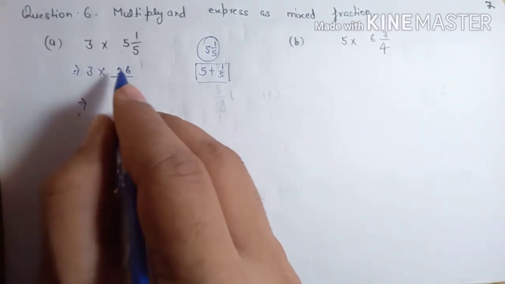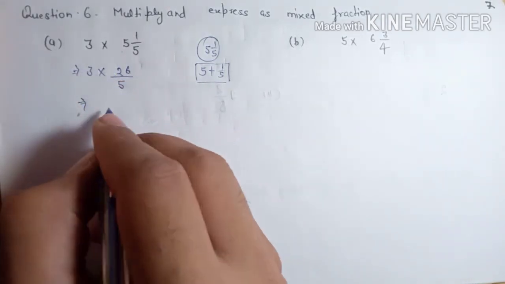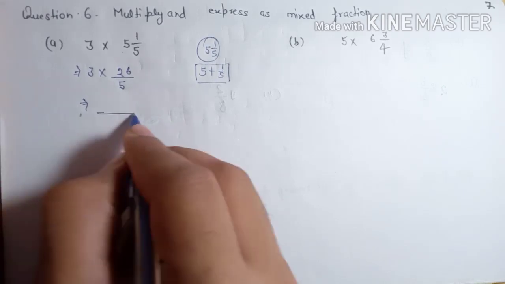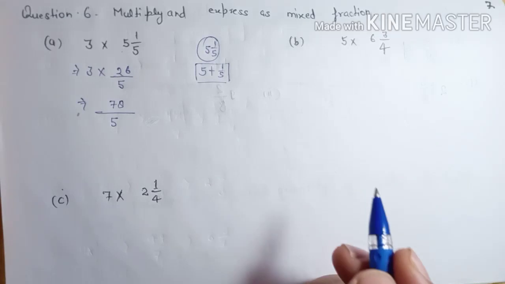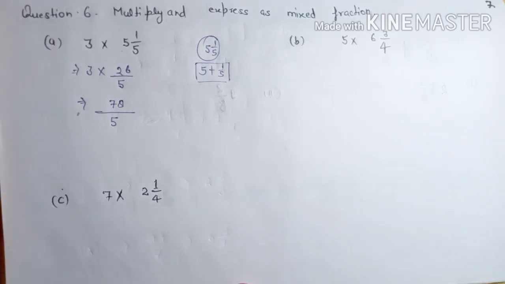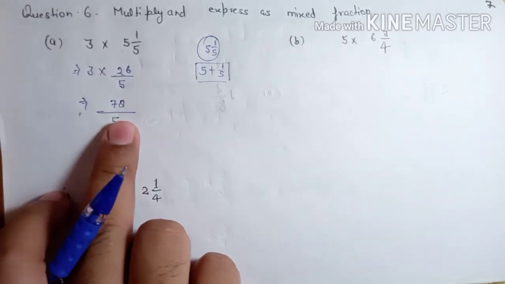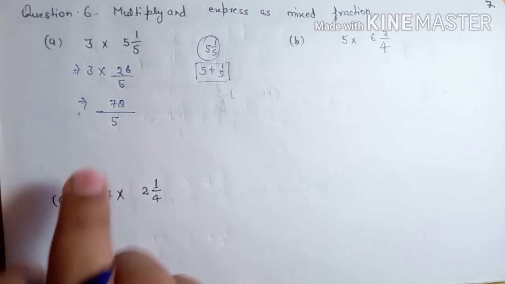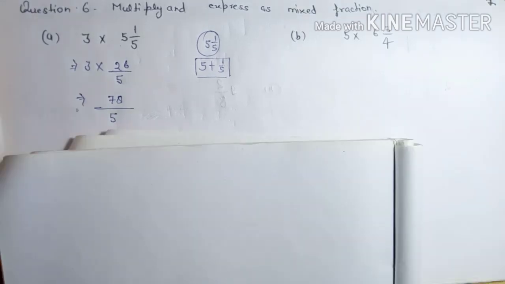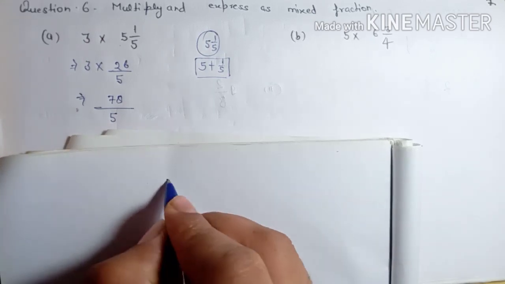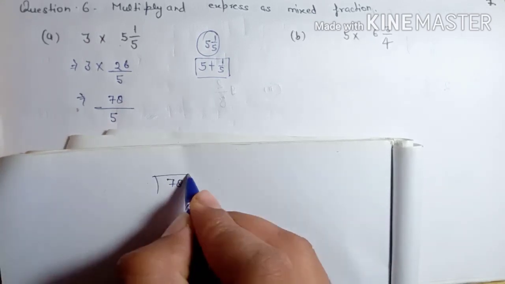Now multiply this 26 and 3 and put the denominator as 5. 78 upon 5. Now we have to change this improper fraction into a mixed fraction. How to do this? Now again get your paper out. It is 78 which is being divided by 5.